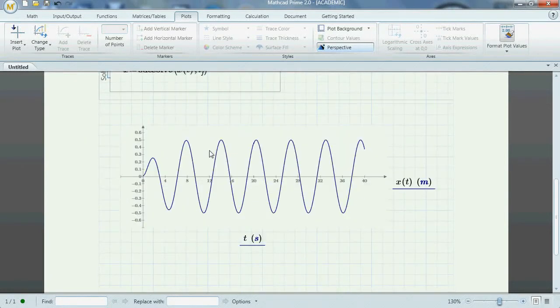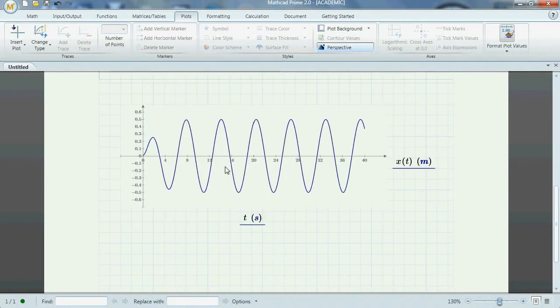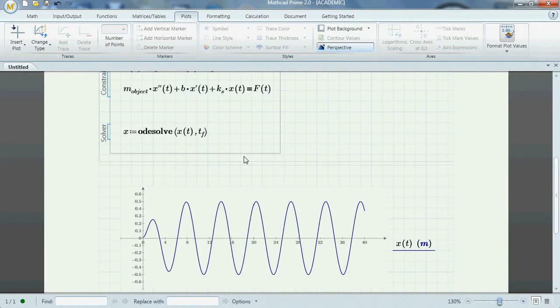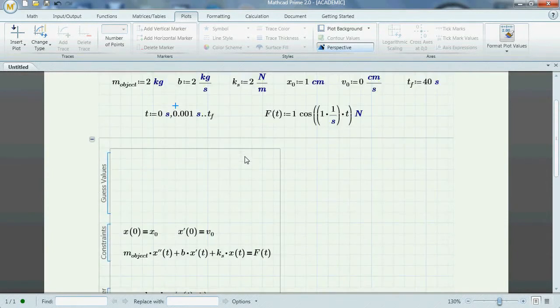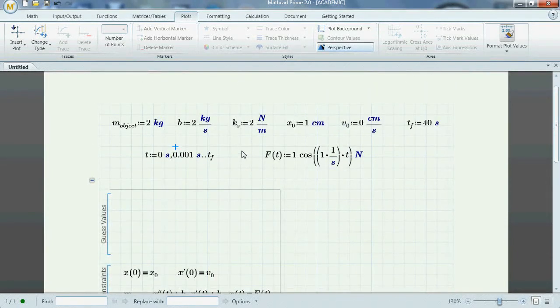But by wasting energy, we control the system so that it doesn't blow apart, so to speak. And this is the idea of forced oscillations and control. How can I control the system so that it doesn't break?